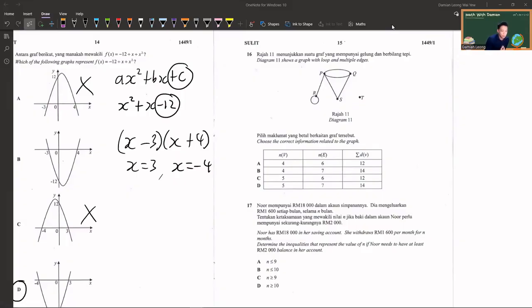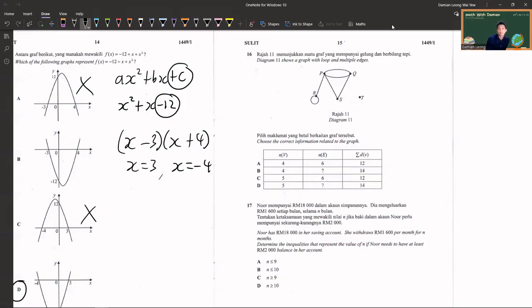So kami perlu lihat nombor bucu. NV, number of vertices, merupakan nombor bucu, berapa bucu yang ada. Setiap titik ini merupakan bucu. Dan number of edges, nombor tepi, setiap garisan yang lengkung ataupun gelung ini, semua dia merupakan tepi.